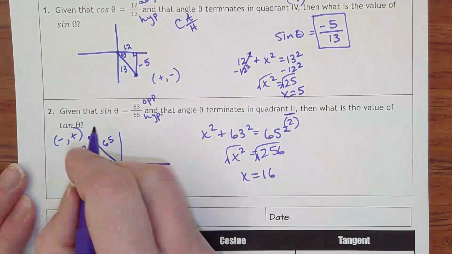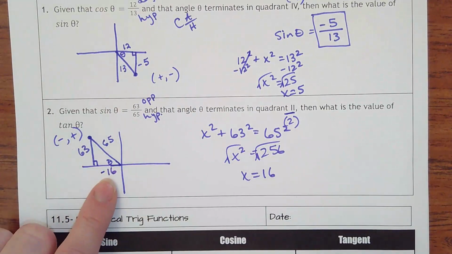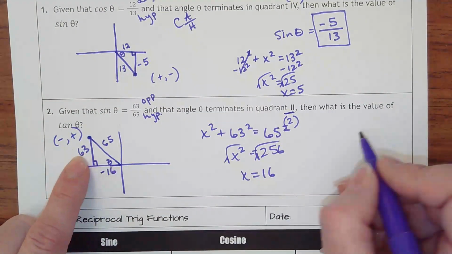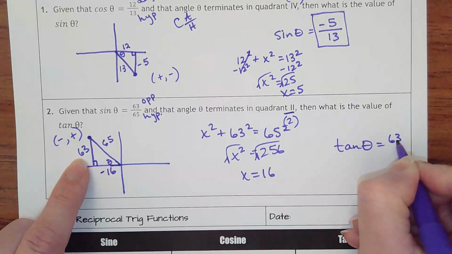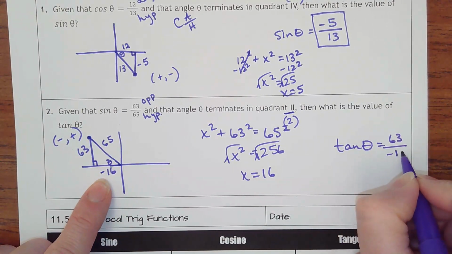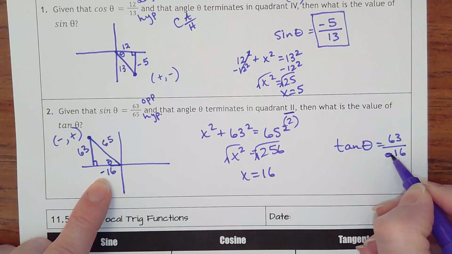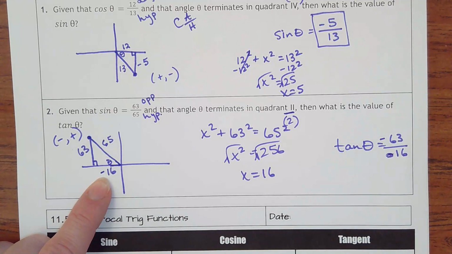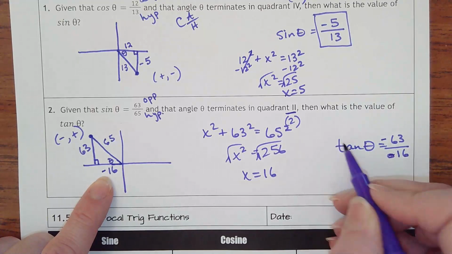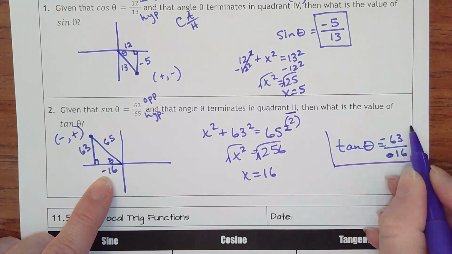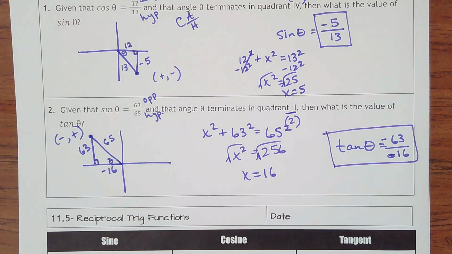But again, I know it's negative because of where it's at on the coordinate plane. So from this angle, opposite is 63 over adjacent is negative 16. So really I like to float the negative up in front of the fraction, but it doesn't matter either way. And I'm not sure that can simplify. So we're just going to leave it negative 63 over 16.